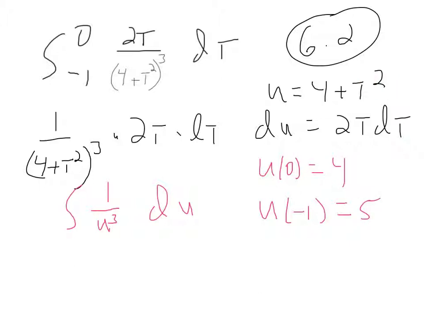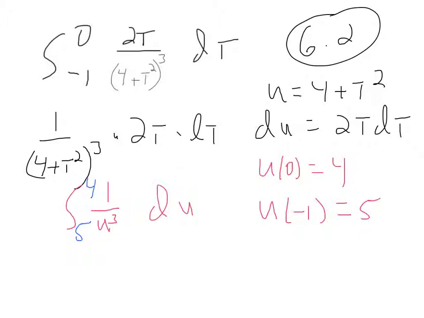So in my integral I can set this up as, and this is what I did, negative 1 goes to the new bound 5, and when t is 0, the new bound is 4. You've seen some problems like this in the homework, if you've done the homework yet.